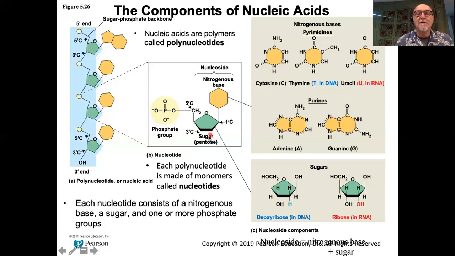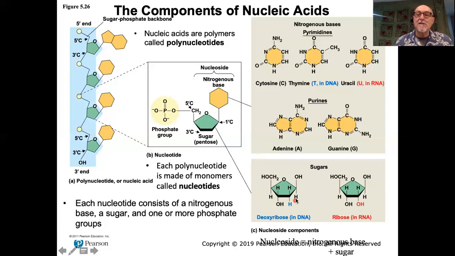Here's the 2' site. Ribose would have an OH group, a hydroxyl group, there. That's ribose. The other sugar that we will see is deoxyribose, which takes off that oxygen, and you just have an H there, a hydrogen.